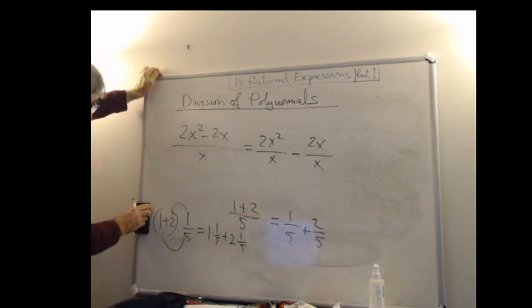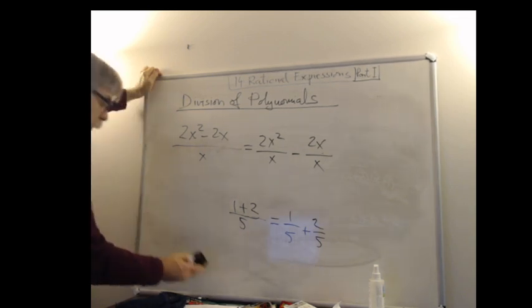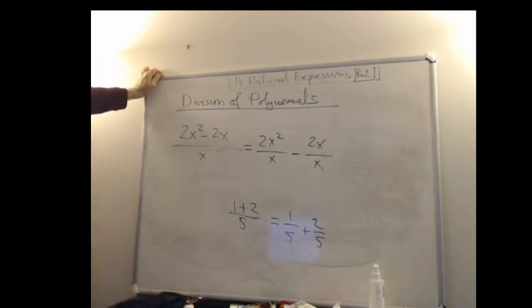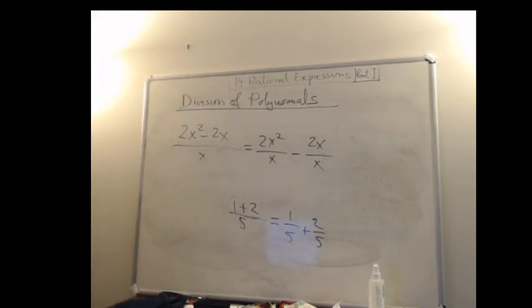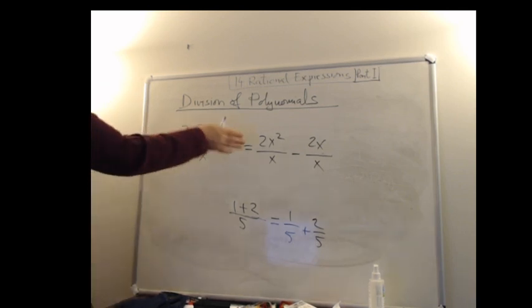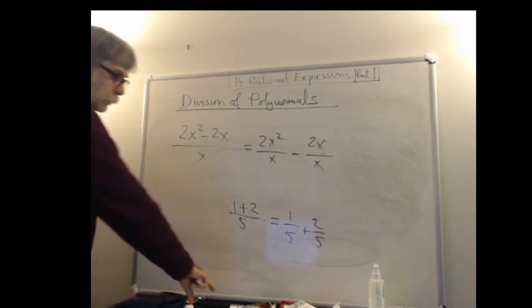So this is distributivity. But you can call it splitting because it's kind of easier to see that way. If you look at it as splitting, I just split the numerator. Okay, you can do that. So that's what I'm doing here. I split the numerator.